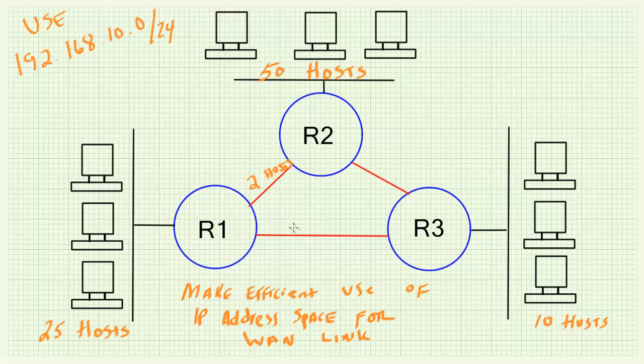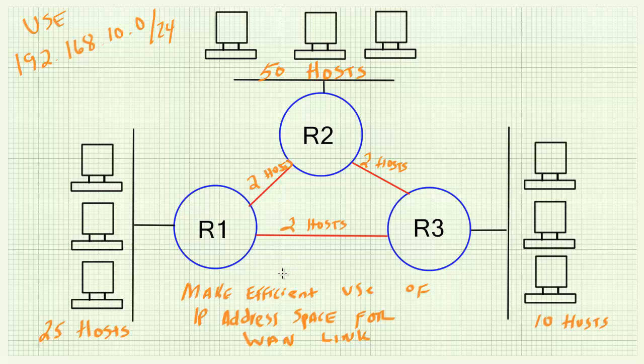Same thing here on the WAN link between R1 and R3, or between location 1 and location 3. So we need 2 hosts there. And then finally we need 2 hosts on the link between R2 and R3, or location 2 and location 3. So we need 2 hosts up here.